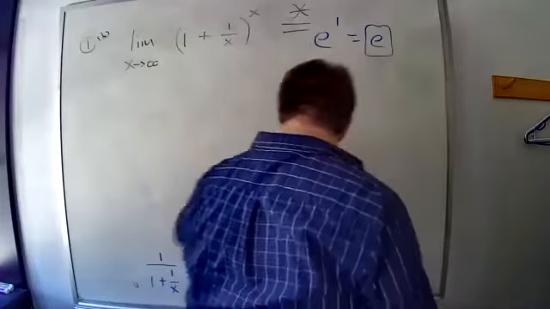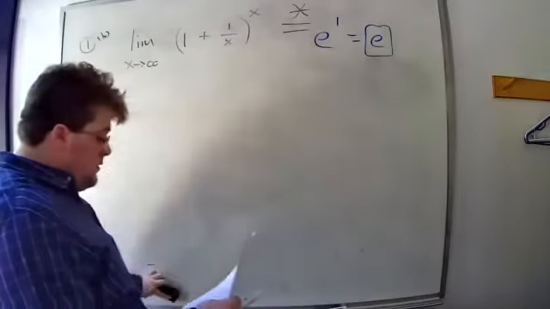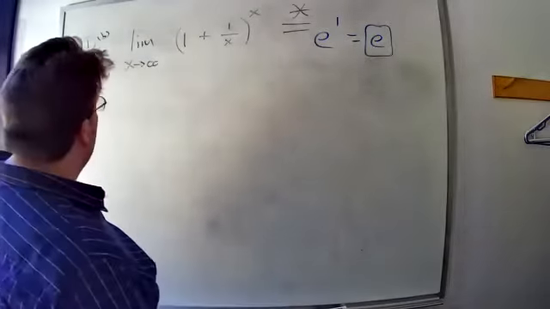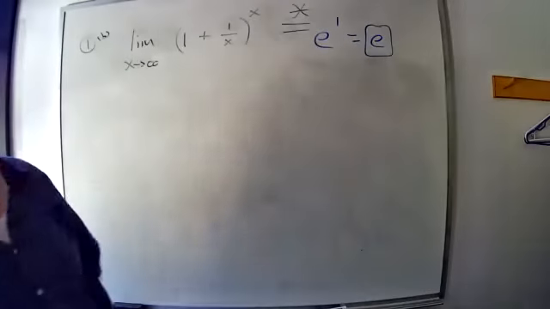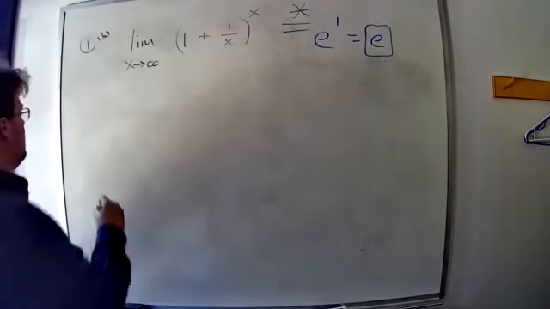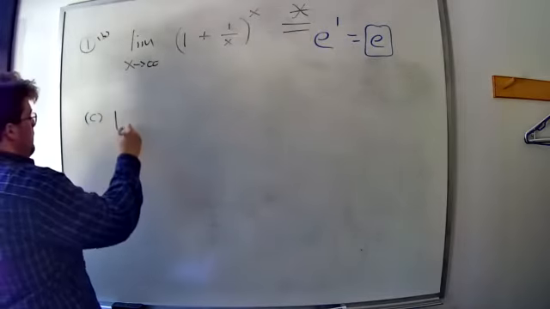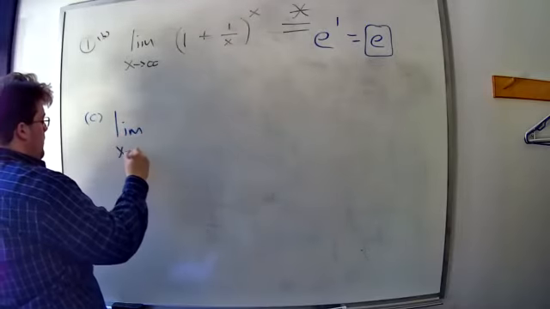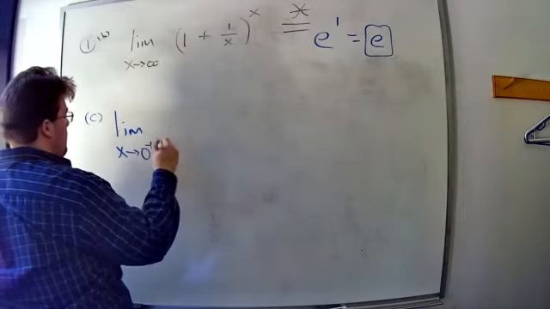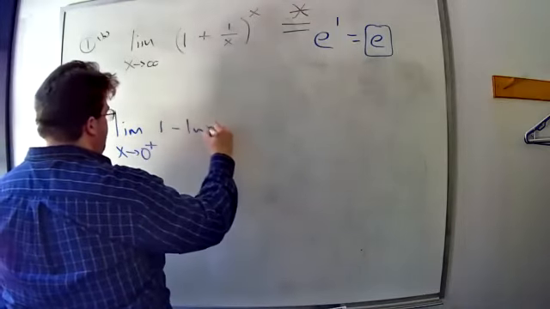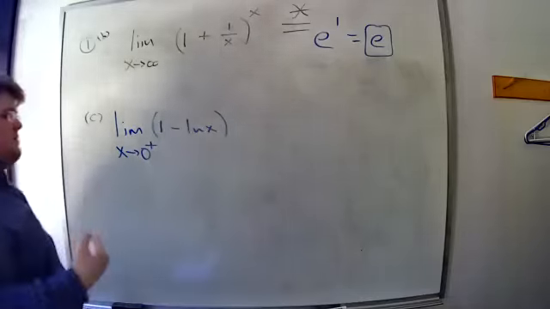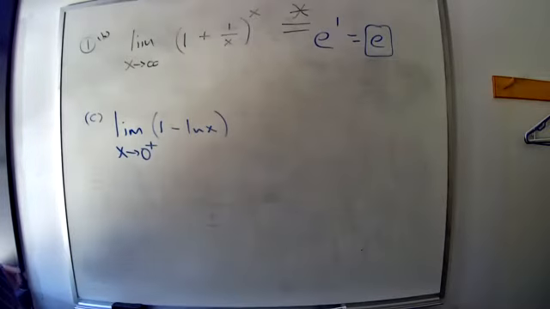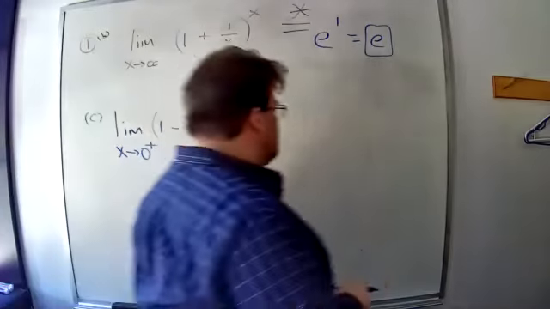1c, the limit as x goes to 0 from the right of 1 minus log x. Well, again, it's a limit. Try a substitution. Log of 0 doesn't exist, so we can't do a substitution.